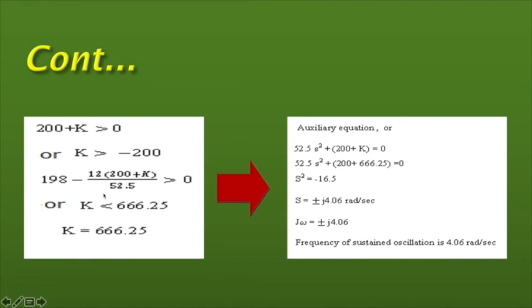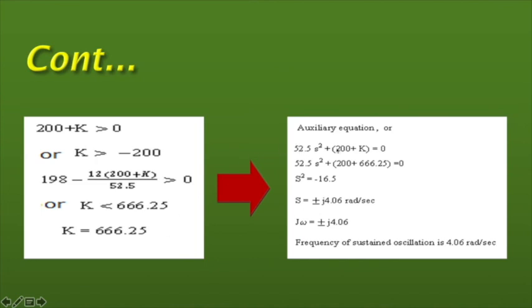And this value is obviously greater than 0. Then find k. But for sustained oscillation, if this is put to 0, then this row is entirely 0. Then find the value of k.